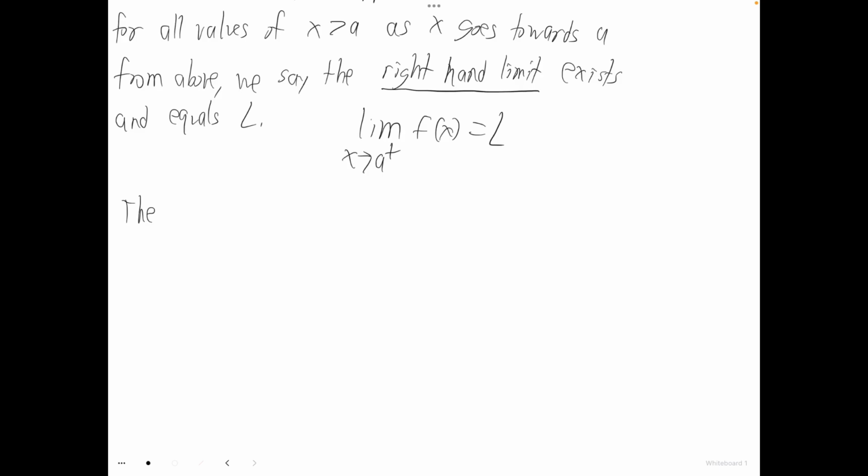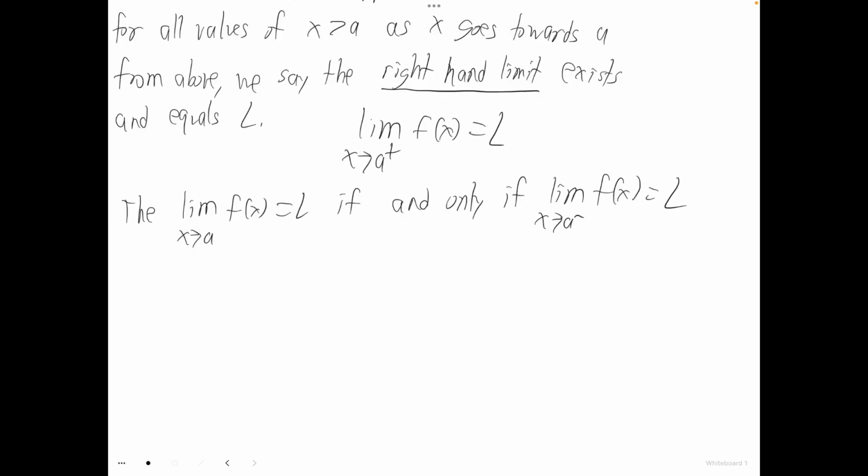The limit as x approaches A of this function f of x equals L if and only if the limit as x approaches A from the left of f of x equals L, and the limit as x approaches A from the right of f of x equals L. So we need both the left-hand limit and the right-hand limit to go to the same point for our limit to exist.